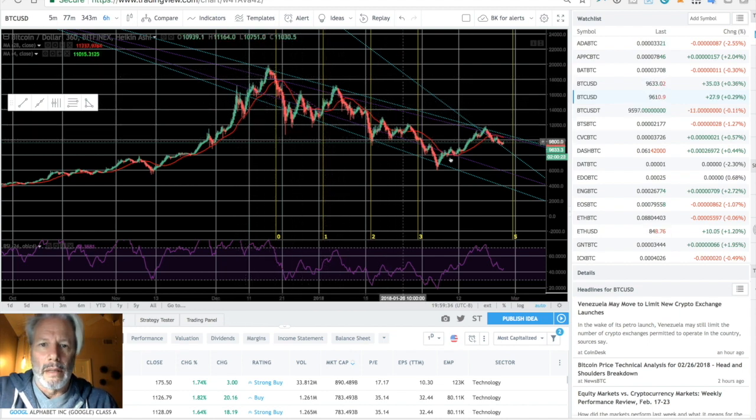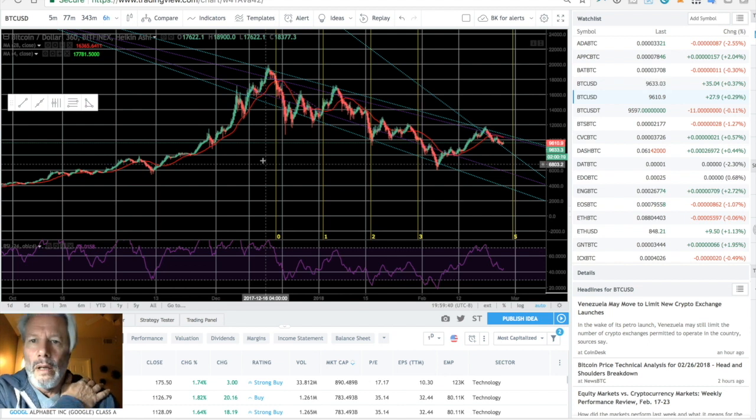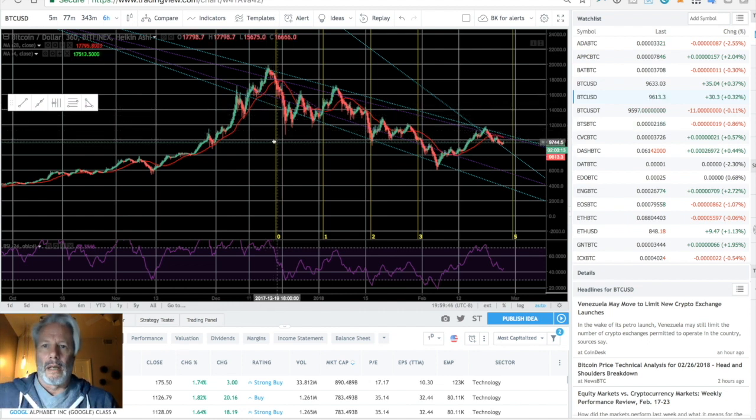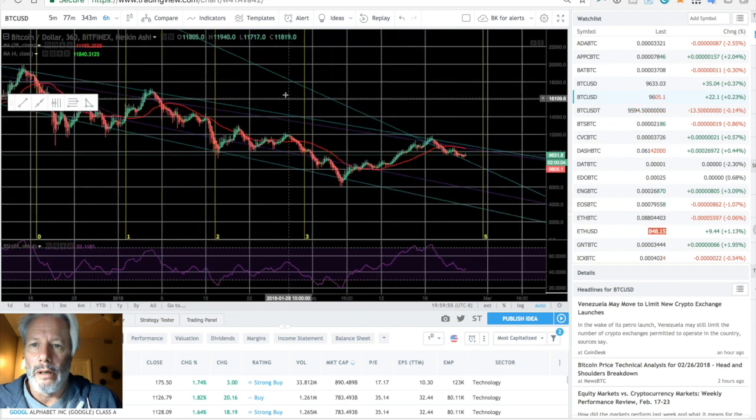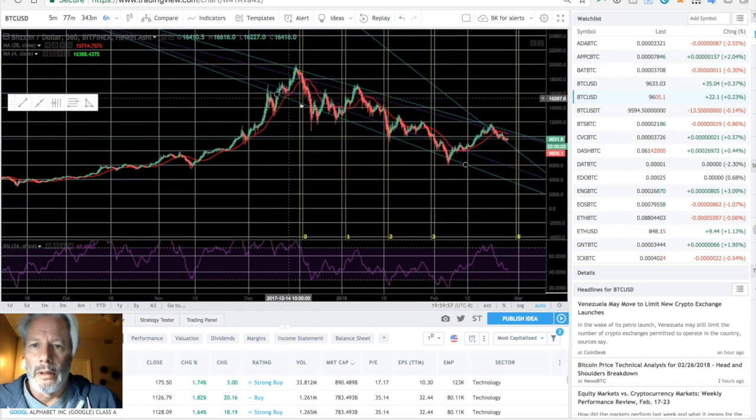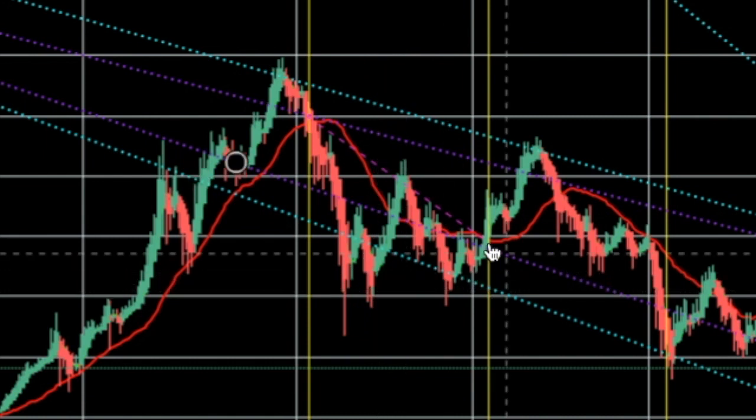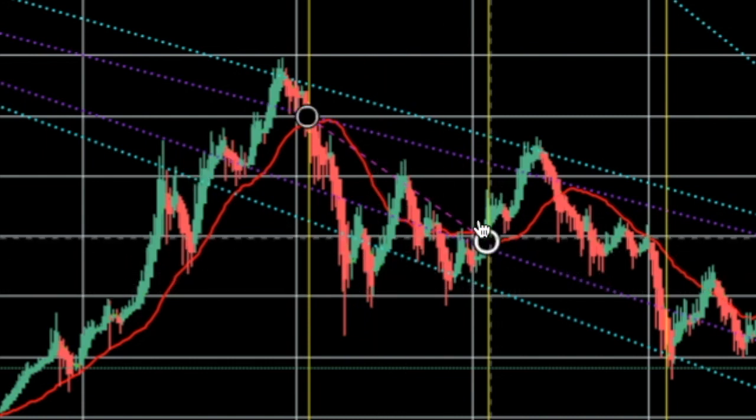Okay, so what I've done is I've taken the Fibonacci, and that just basically gives us an indication of the waves or the cycles that this is going through. And I've set them up on where that 6-hour crossed over down and where it crossed over back up to the positive.